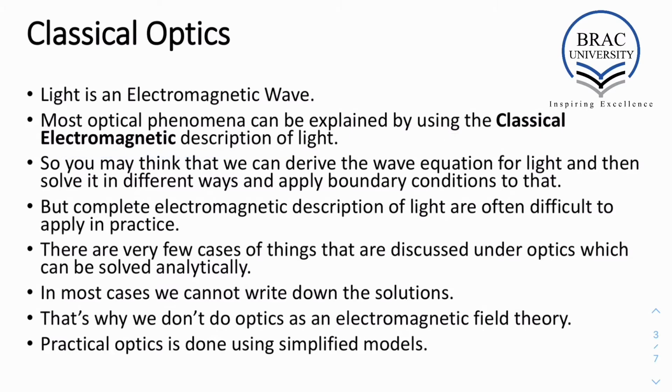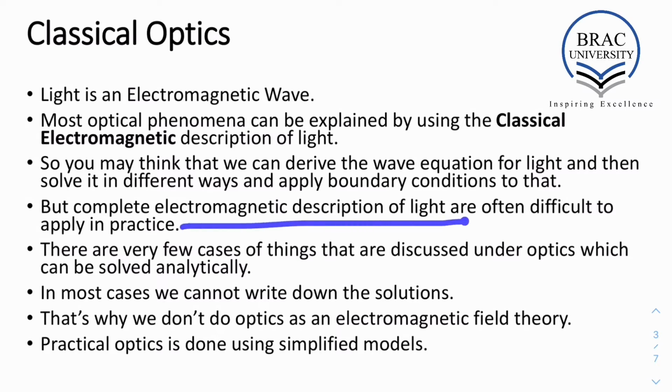So the fact that light can be considered a kind of wave may seem like good news to you, as you may already know how to deal with waves. The logical approach then is to derive the wave equation for light and solve it for different boundary conditions to explain the different optical phenomena that we see around us.